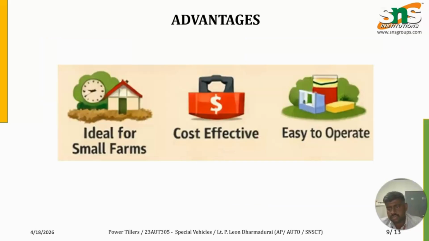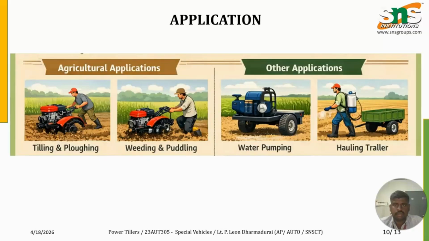The advantages of this vehicle include that it is ideal for small farmers, it is cost effective compared to tractors, and it is easy to operate. The applications include tilling, ploughing, weeding, puddling, and in some cases water pumping and hauling trailers.